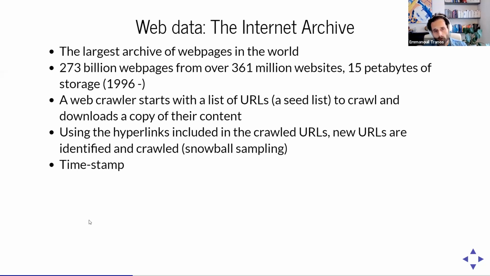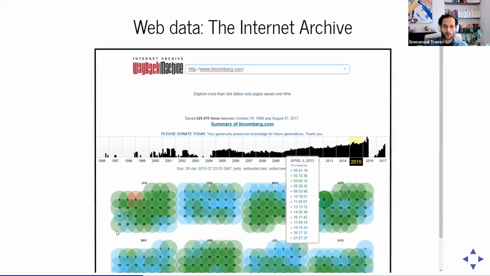Importantly, by archiving websites, we also obtain information about the time of the archival. So in essence, we have a timestamp of the data collection process. You can access these data through the Internet Archive's graphic user interface.